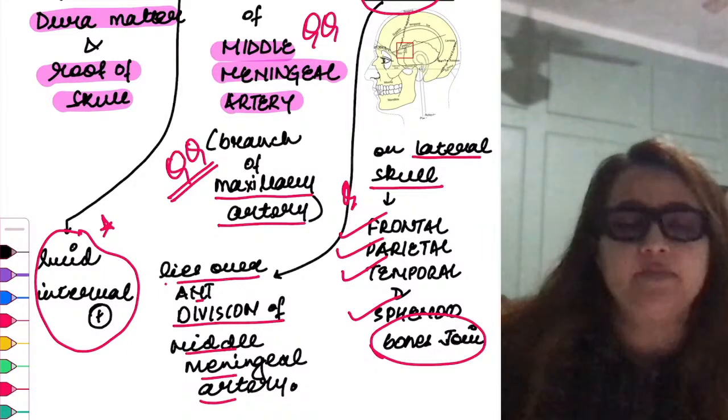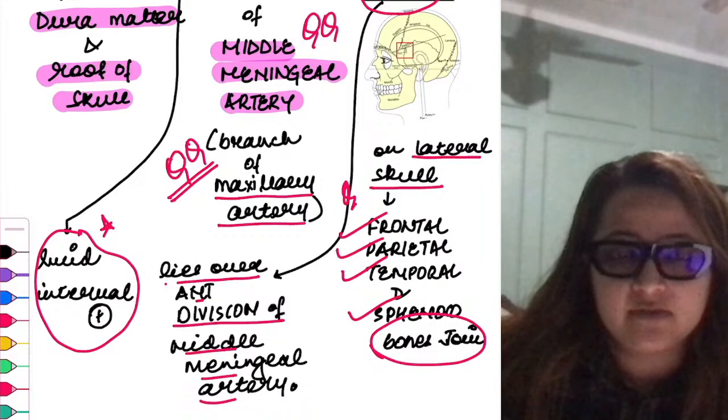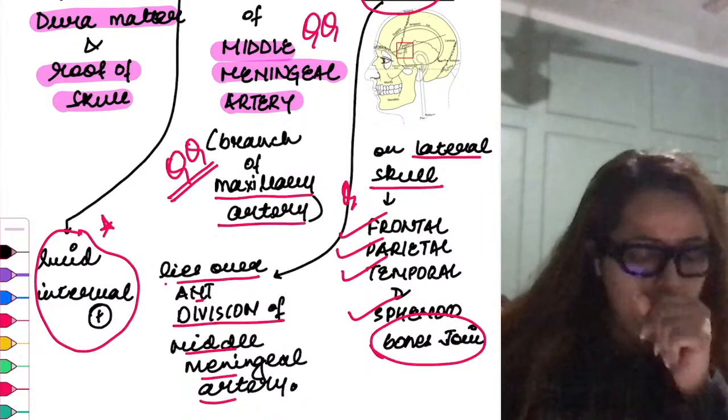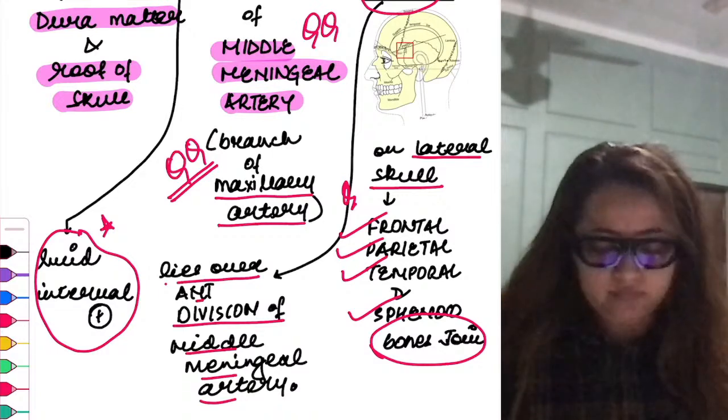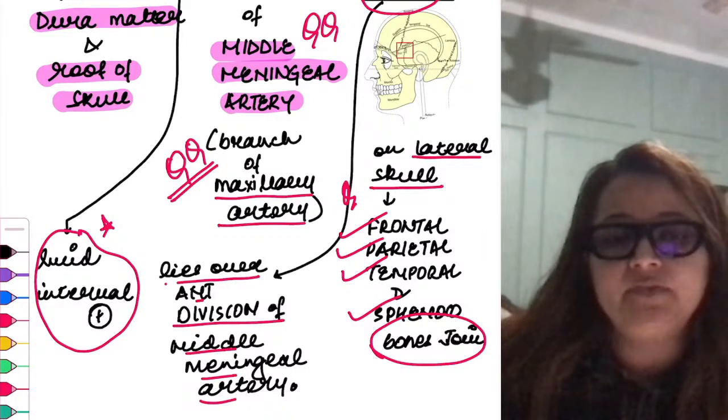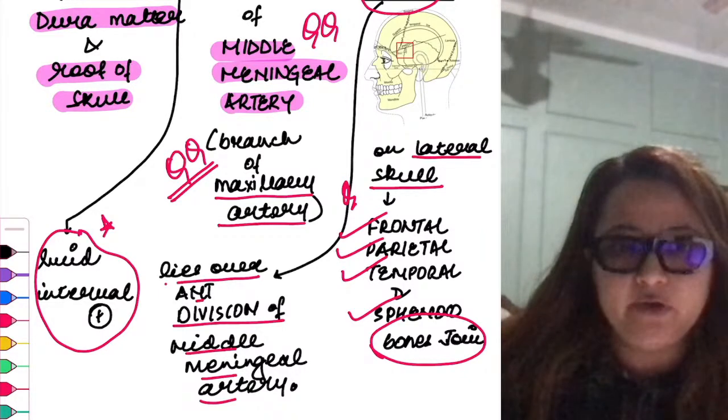Right, so you always ask the patient, did you lose consciousness? And along with that, you also ask about vomiting or bleeding. So this is the lucid interval, and this is commonly seen in case of epidural hematoma.